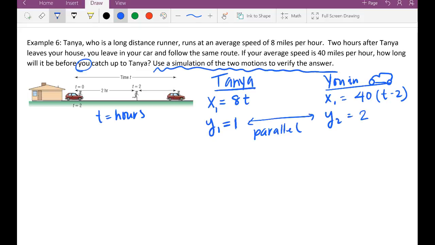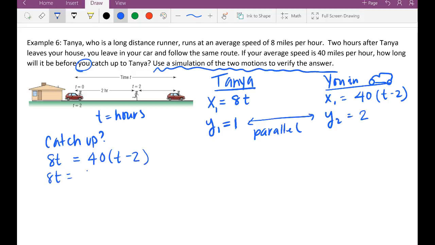So now that you have 2 equations, we have to see how long it's going to take for you to catch up. Catch up means that you have to be equal. So 8t equals 40 times t minus 2.